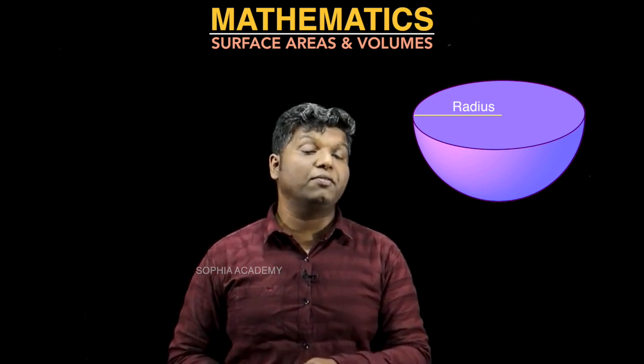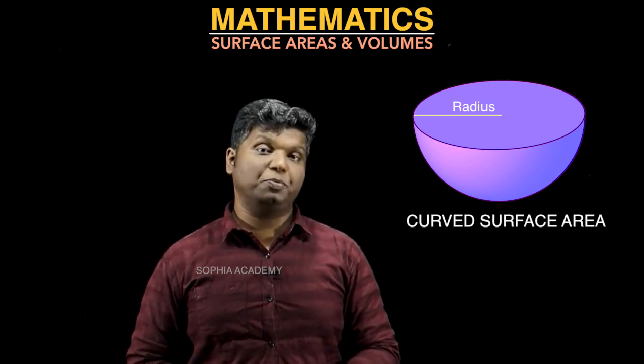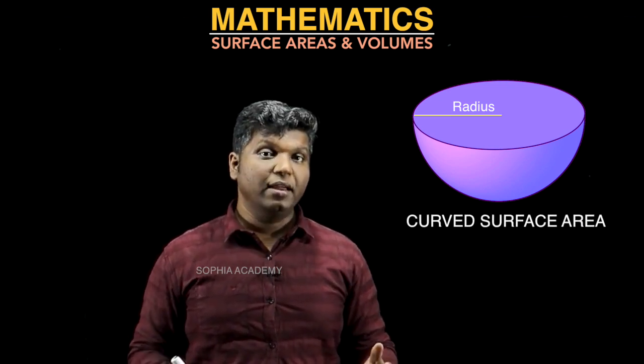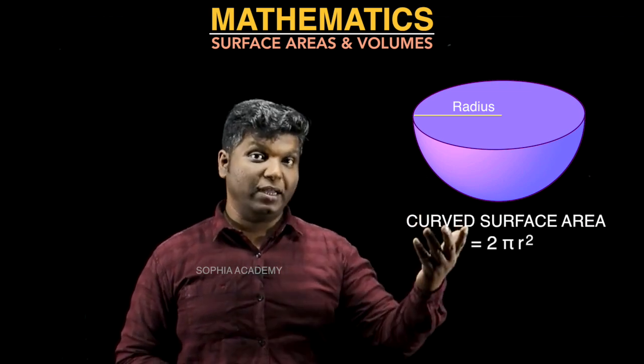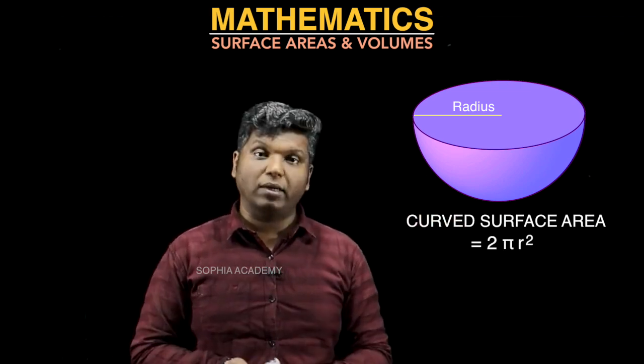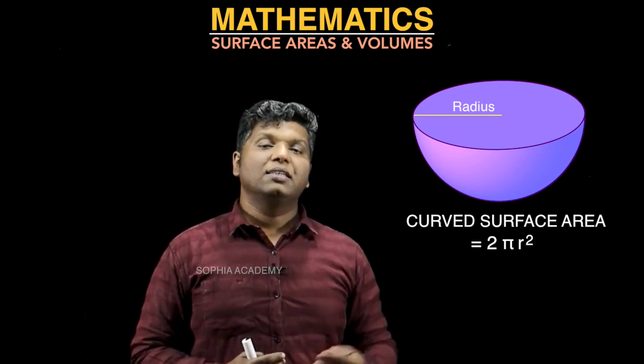Hemisphere means, as the name itself says, half of a sphere. So the CSA of a hemisphere is given by 2 pi r square. Actually, it is half of 4 pi r square, since 4 pi r square was that of the total sphere. Here it is a hemisphere, so half of that will be the CSA.